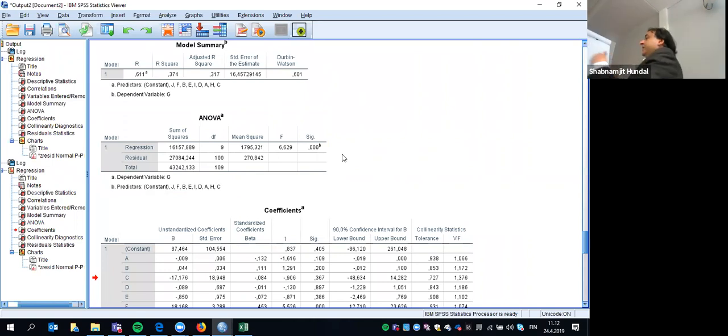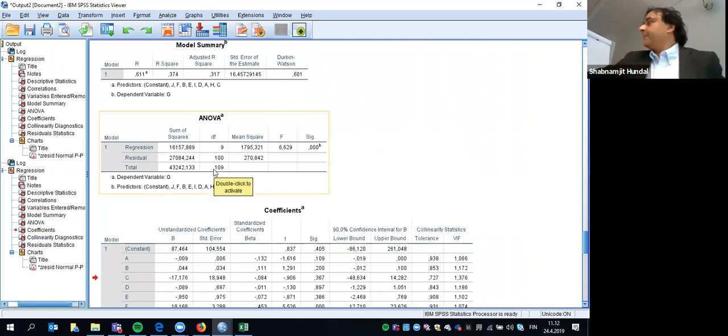So this is G, that column, and we have 110 G values because our N is 110, no, 109. Yeah, N is 109. You know how to find the mean of G? You just add all the values of G and divide by 109. Let's say this number is 13.